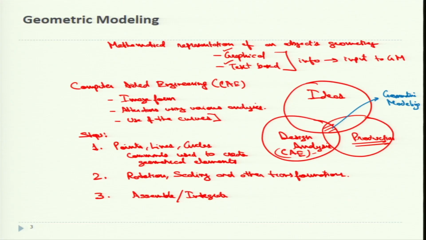For instance, this cap and the body, put together, is an assembly. This cap having its main body and its holder is not called an assembly because this is a single component. This I could just call integration of a cylindrical shape with a straight flat shape here, integration with a small gap in between them. So this is integration. So these commands are used on components to create the desired shape.